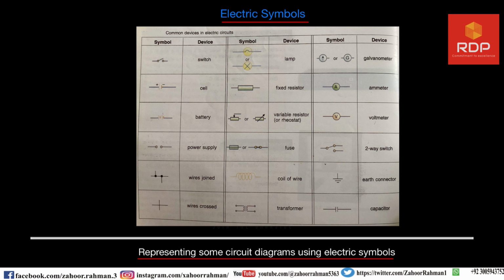So you have to understand the electrical symbols which are commonly used in electric circuits. For that, I have given you a table. In the first column, the electric symbol is used, and in the second column, the name is written.